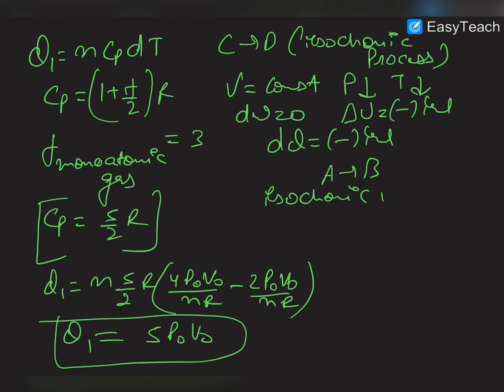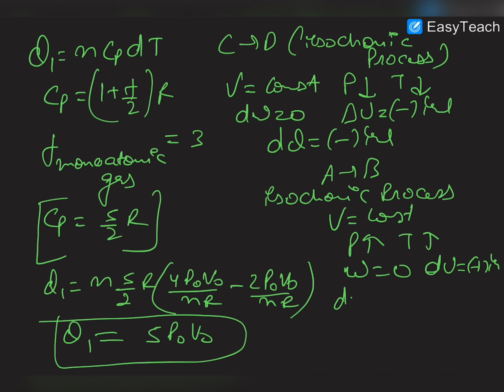Volume will be constant in AB and pressure is increasing, therefore temperature will be increasing. So work done will be 0 and dU will be positive. So dQ will be dU and will be positive, and therefore heat is also being supplied in this process. So Q2 is the heat supplied in this process and will be n Cv dT.